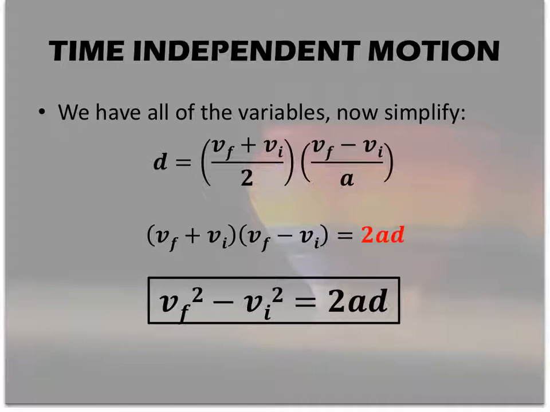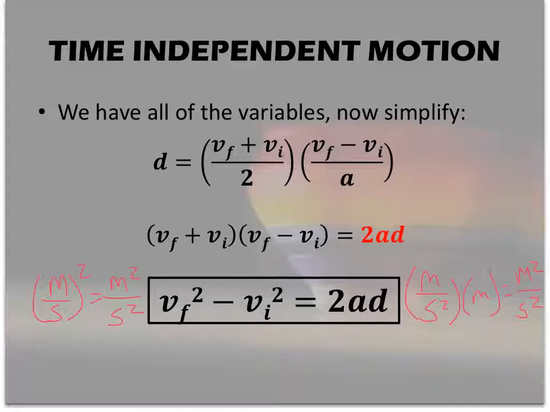Now if you want to look at this one, it's actually kind of interesting. If you look at the units, for velocity you have meters per second, and since over here it's squared, that actually equals meters squared over seconds squared. If you look over here, acceleration is meters per second squared, and I'm multiplying by distance, which is meters, which gives me meters squared over seconds squared.